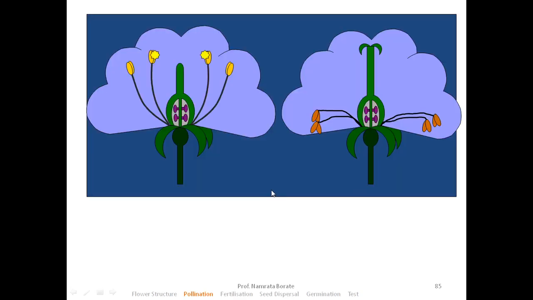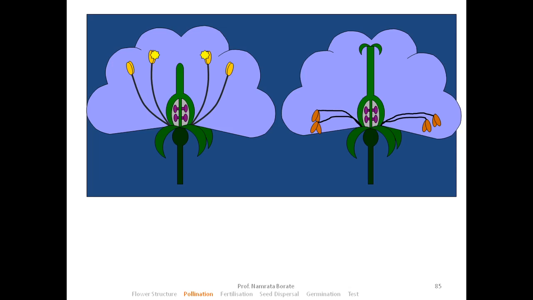Second type of pollination is called cross-pollination. It is the transfer of pollen grain from the anther of one flower to the stigma of another flower of a different plant of the same species. Means the species is similar but the flowers are two.